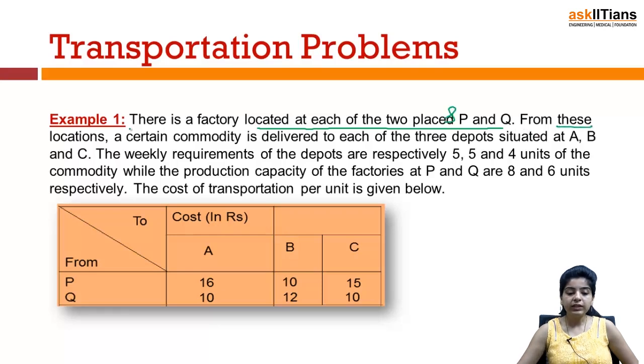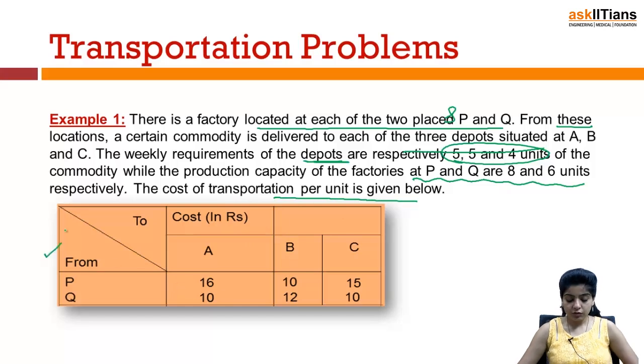So the first example that we have is, there is a factory located at each of the two places P and Q. From these locations a certain commodity is delivered to each of the three depots situated at A, B and C. Then we are given the weekly requirements of depots, while the production capacity of factories at P and Q are 8 and 6 units respectively. The cost of transportation per unit is given below.